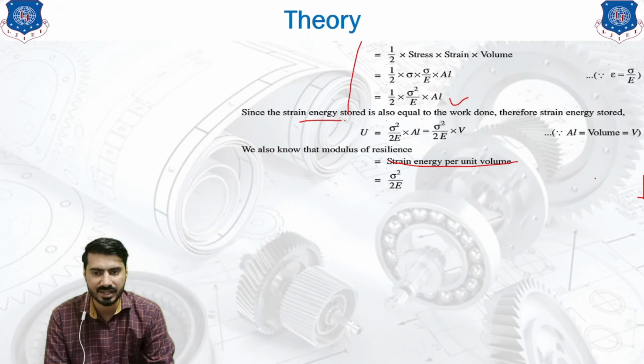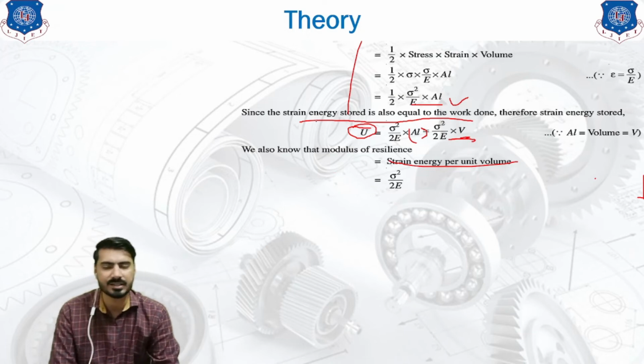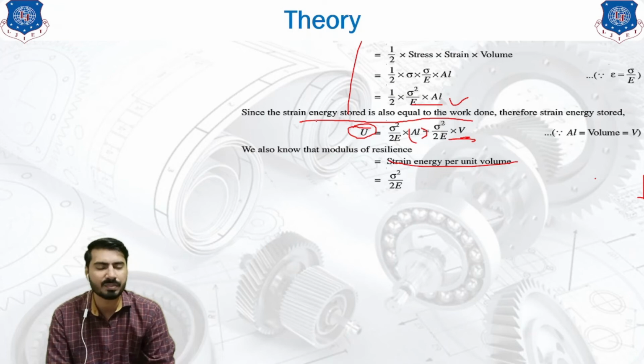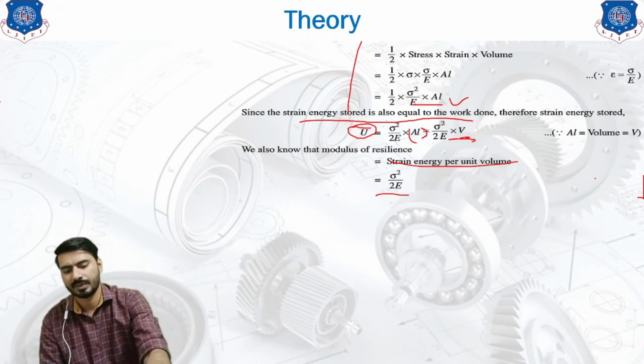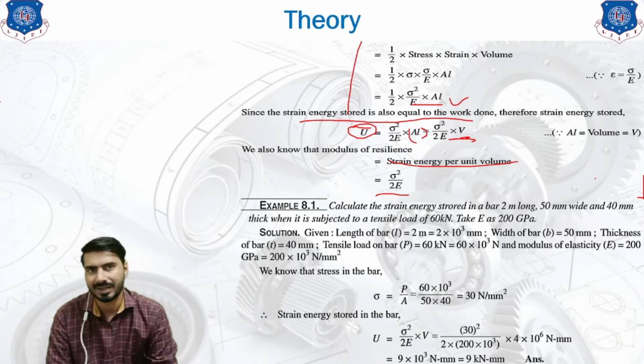Since the strain energy stored is equal to the work done, the strain energy stored, represented by capital U, is equal to sigma square upon 2E into AL. Instead of AL, we can write volume. We know that the modulus of resilience is nothing but the strain energy per unit volume. So volume gets cancelled out, and sigma square upon 2E is our modulus of resilience. So this is how we completed our derivation.